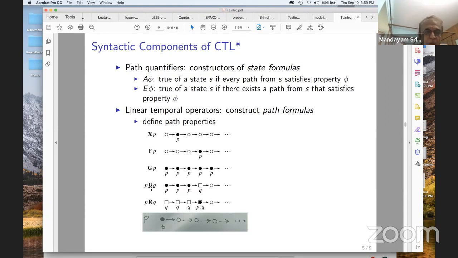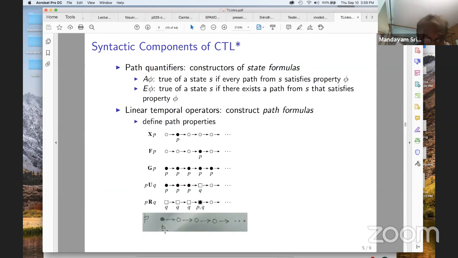Now once you have these path formulas, you can apply a path quantifier to get a state formula, which represents a set of states, the set of states that are satisfying that.